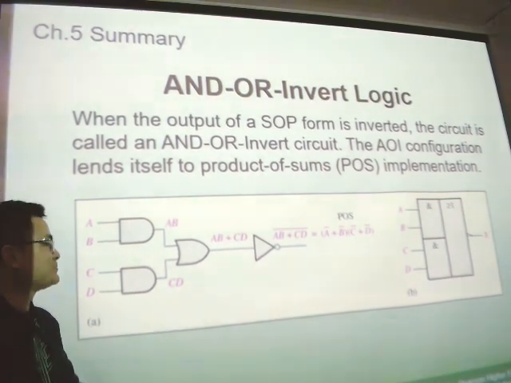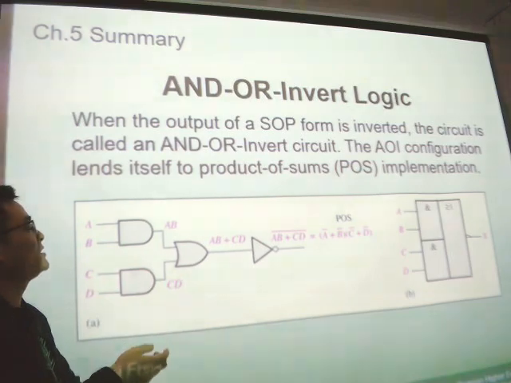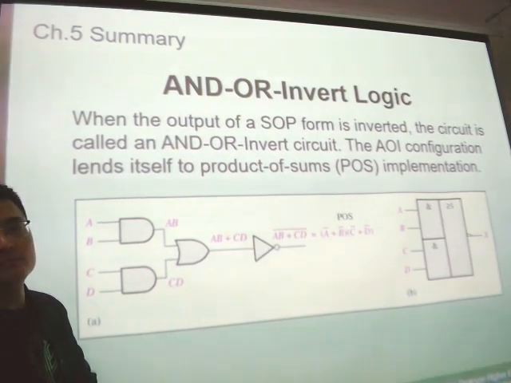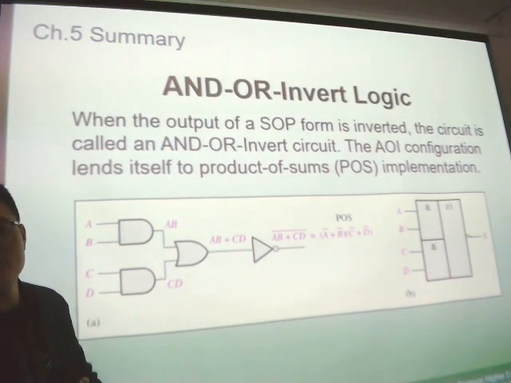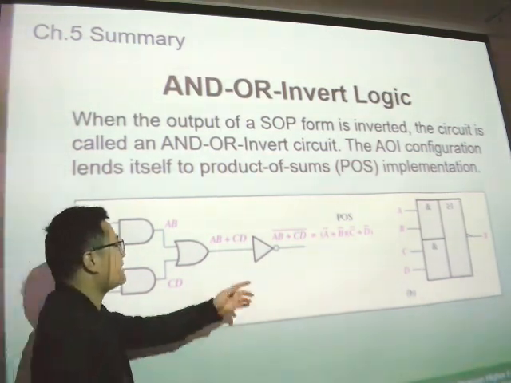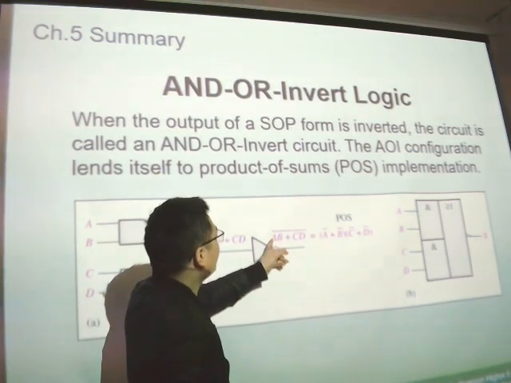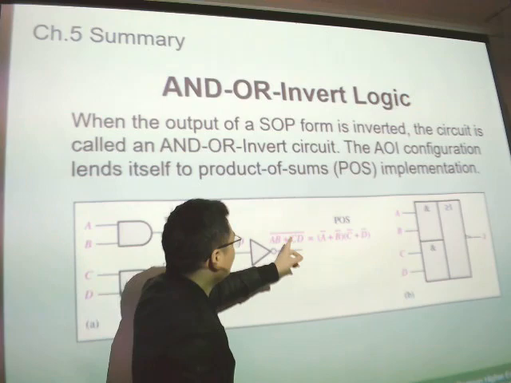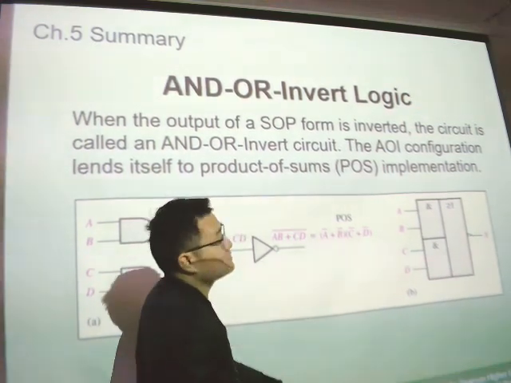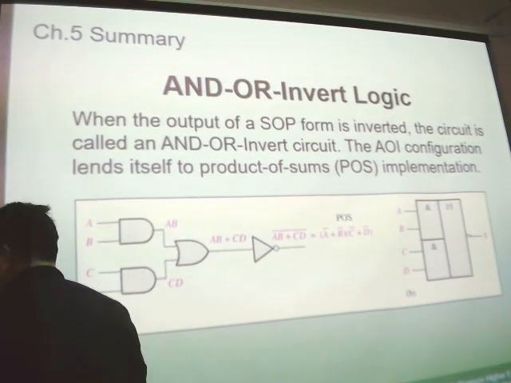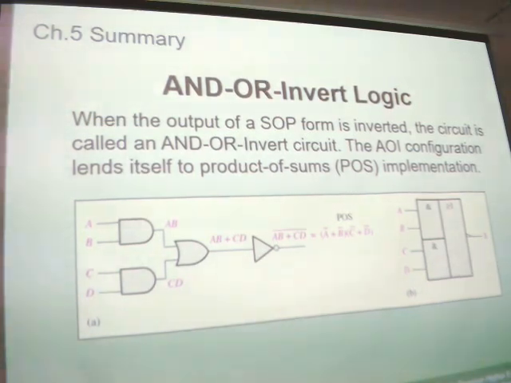According to De Morgan's law, do you remember? Yes. We know that it equals AB bar and CD bar, right?